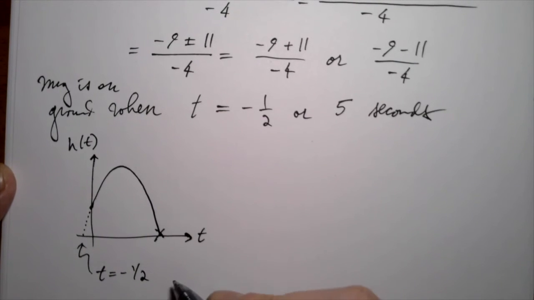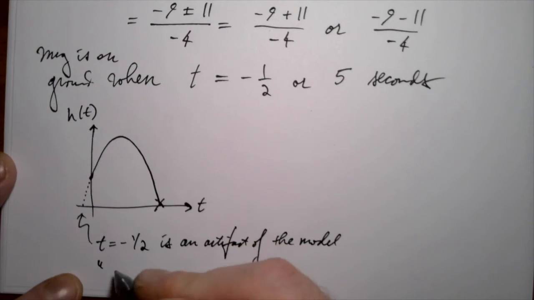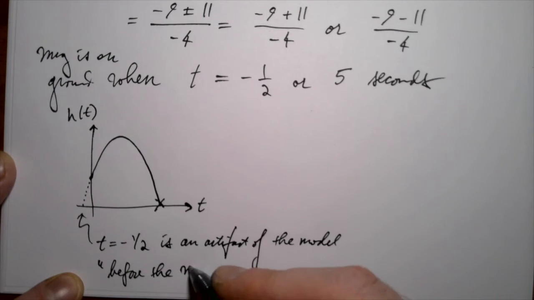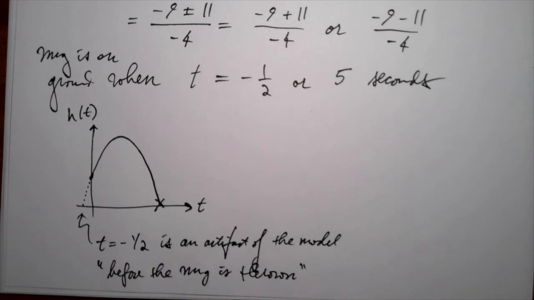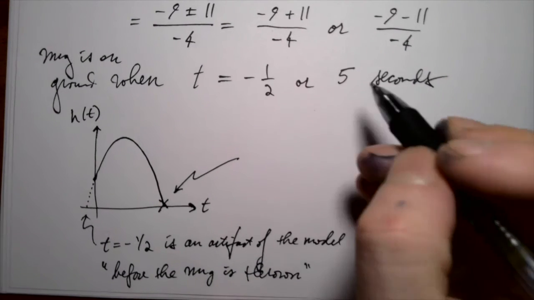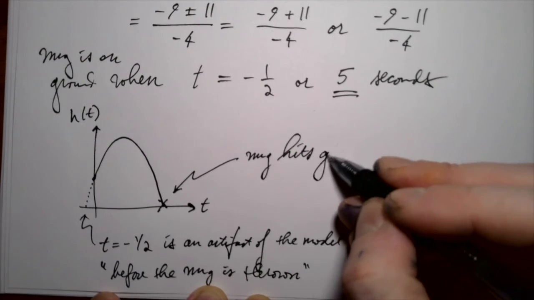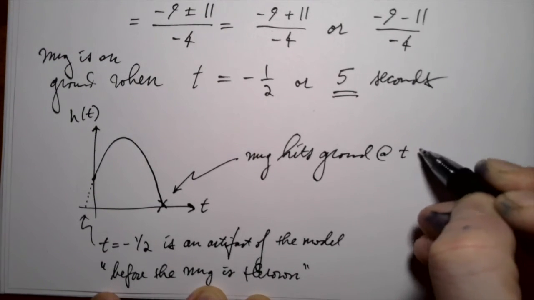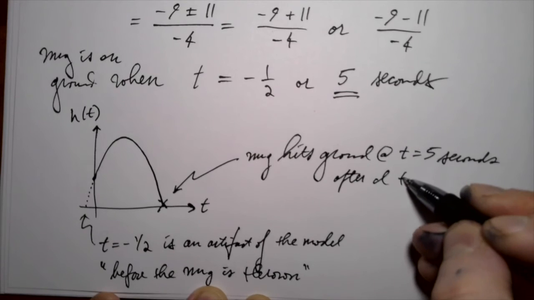It's just something that we're getting that's happening before the mug is thrown. What's important is the positive t value. That's the time that the mug actually hits the ground, and that'll be this other solution. So the mug hits the ground at 5 seconds after I threw it.